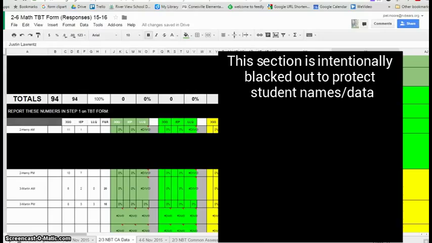So now you met once, you used data, you found the strengths and weaknesses. Plan of action was to get specific data on a common assessment. What's next?